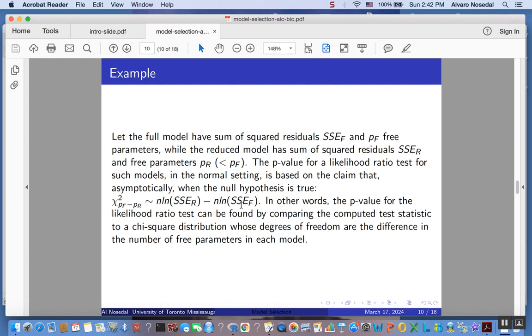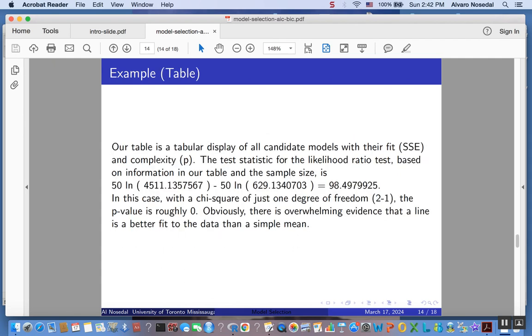Let me show you, to summarize what we said, our slide from our lecture notes. So bottom line, just to underline what we did, we have overwhelming evidence that the more complicated model, the full model, fits the data better, using this different approach, the likelihood ratio test.